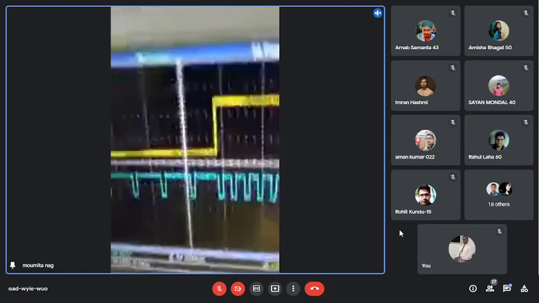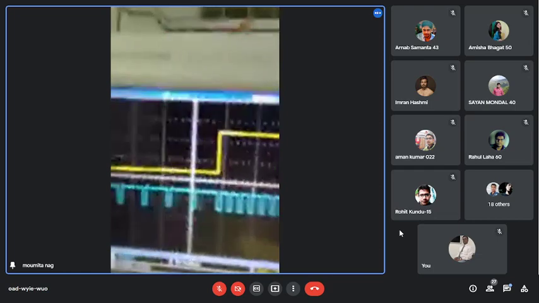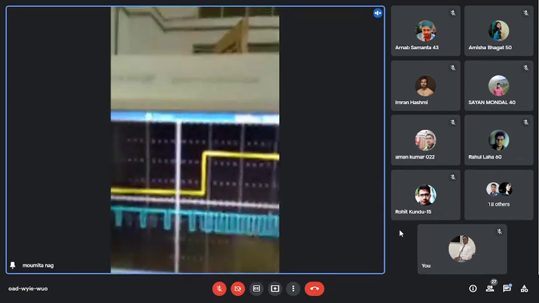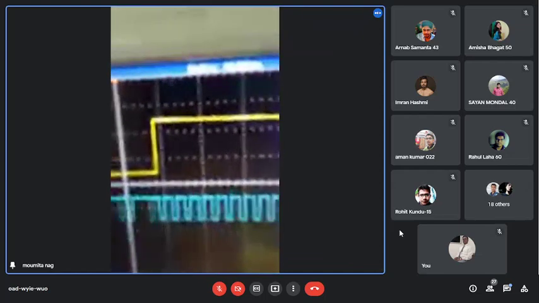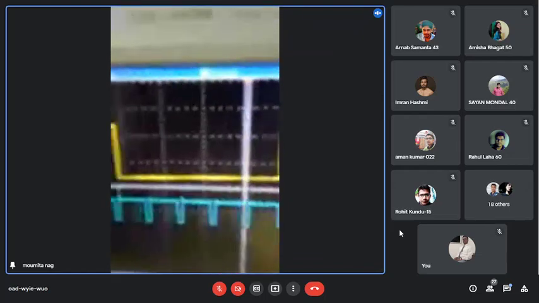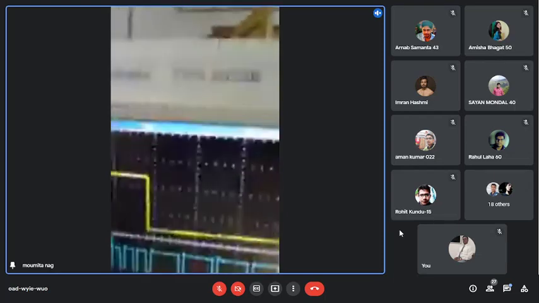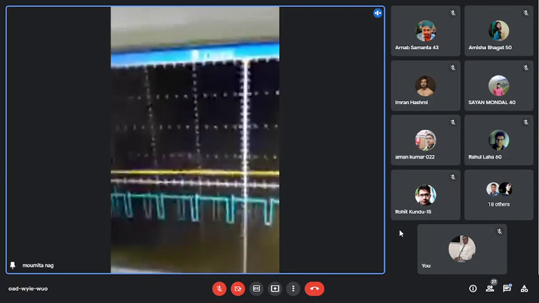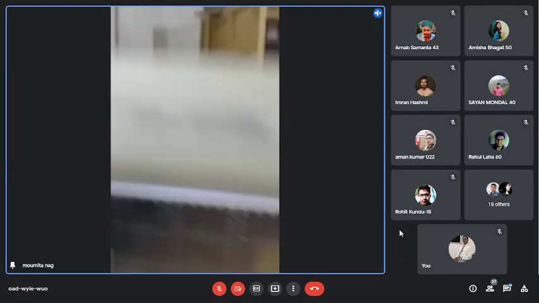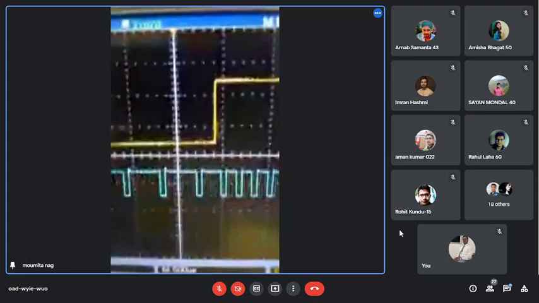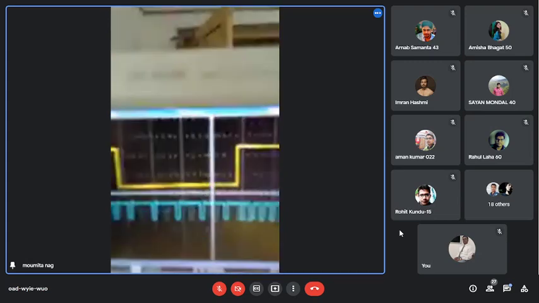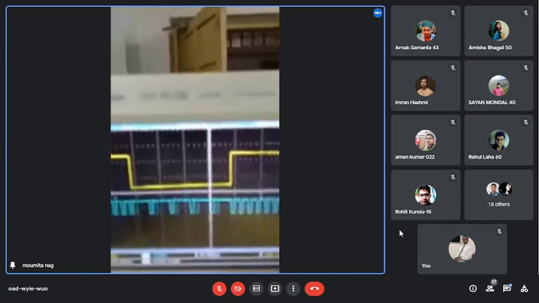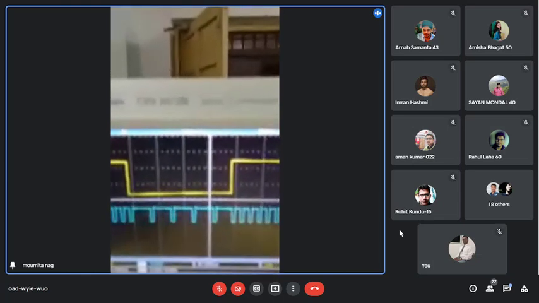When the message is in the high state, that is in the on period, the carrier frequency is switching at the high frequency rate. And when the message is low, here the output frequency is also low. Can you see that? The carrier is switching between two frequency levels.